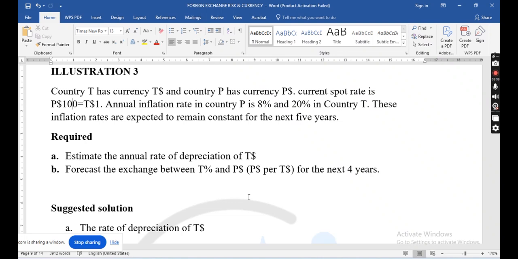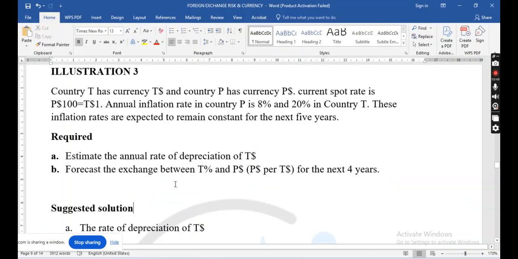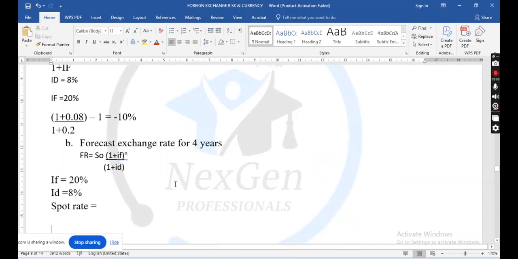Which of the spot rates? Quickly. Hello? So since P dollar is a direct quote, we can have P dollar as a spot rate, which is 100.